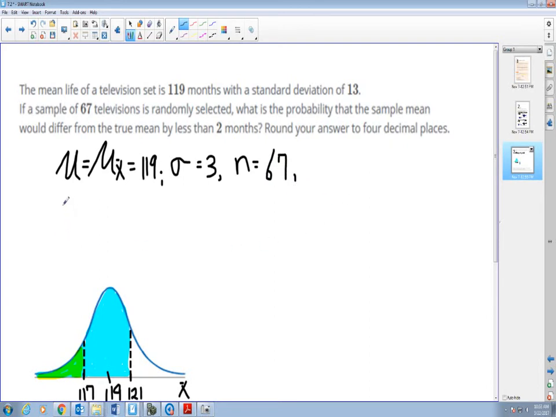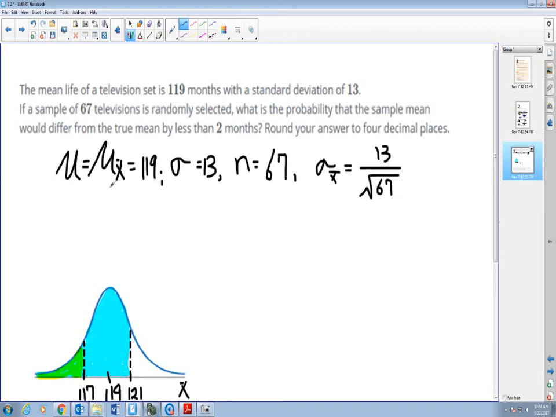All right. I'm looking for in between 117 and 121. So the standard deviation of my X bar will just be the population standard deviation 13 divided by the square root of my sample size 67.